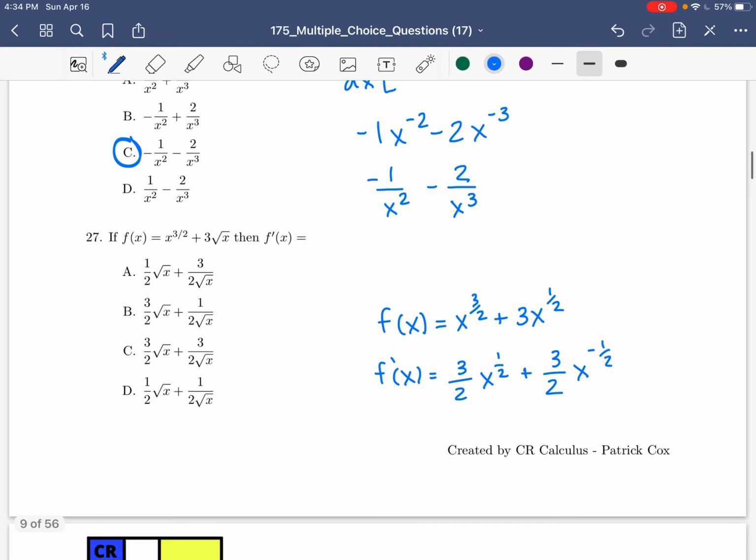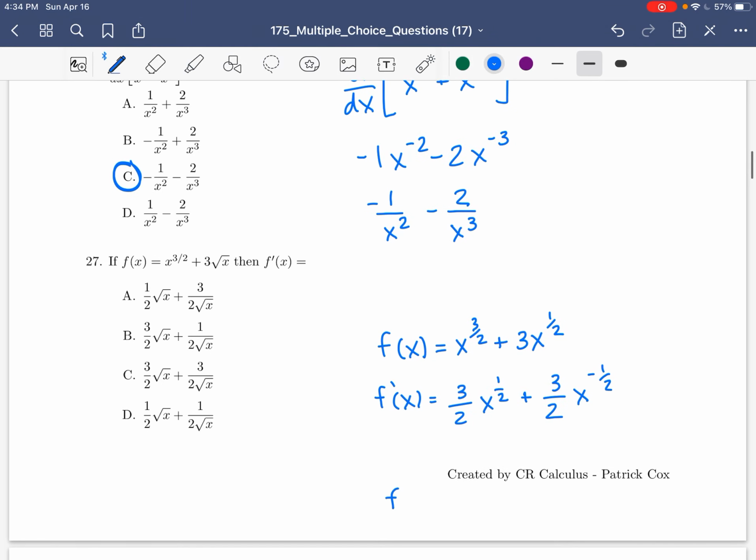So to make this look like our answers, it should really be f prime of x equals 3/2 square root of x plus 3 over 2, that square root will go on the bottom, which looks like C.